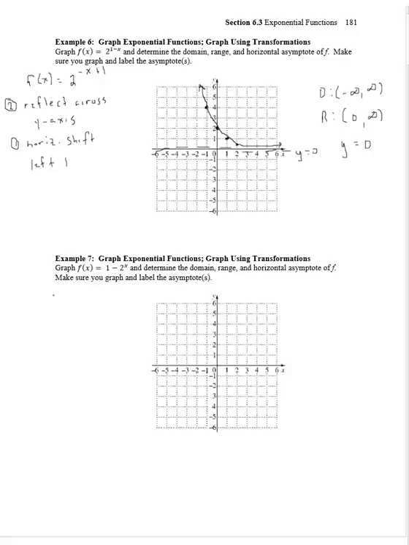Okay, how about 1 minus 2 to the x? So this would be, if we rewrite it, -2 to the x plus 1. So we reflect across the x-axis, and we have a vertical shift up 1.